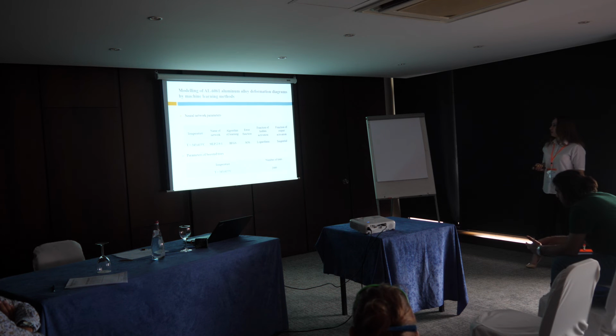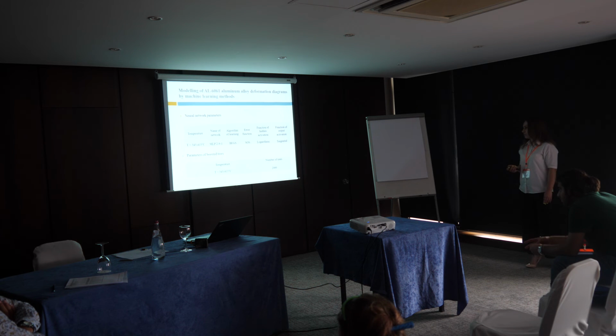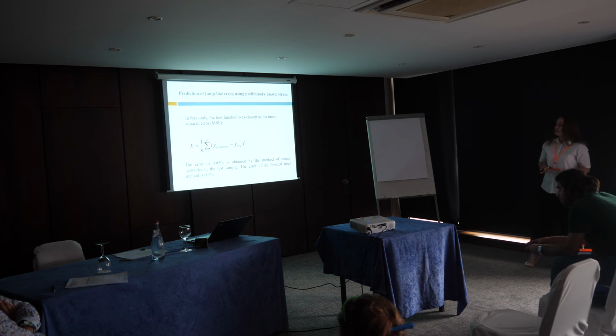Here you can see 2, 9, and 1. It means that we have two neurons in the input layer, 9 in the hidden layer, and 1 in the output layer. In the study, the loss function was chosen as the mean square error, and the error of the neural networks equals this, and the error of the boosted trees method is 0.3%.